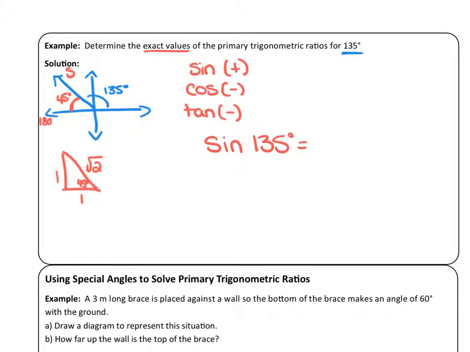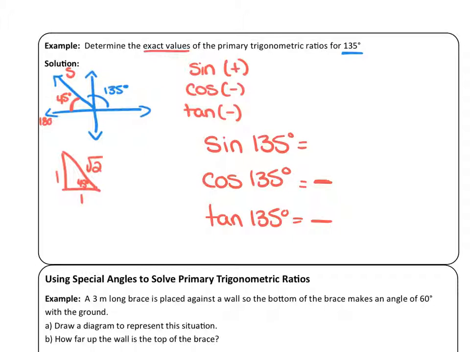We just have to pay attention to our signs, whether it's going to be positive or negative. So cos 135, tan 135. The nice thing about knowing that already is this one's going to have a negative and this one's going to have a negative. Then we'll just use SOHCAHTOA and our primary trig ratios that we did for 45 on the previous page.